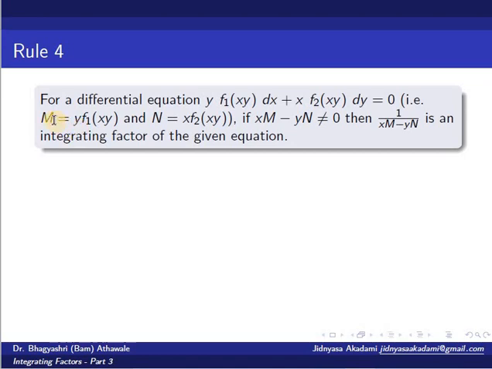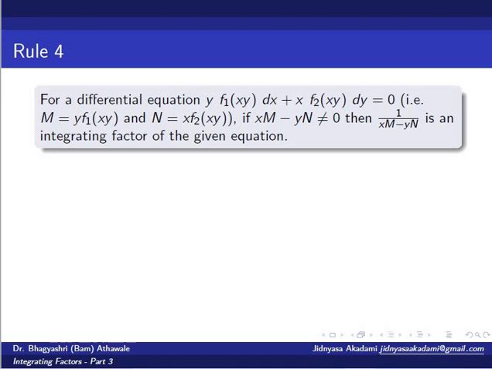Therefore, in m, the algebraic terms should be x raised to h, y raised to h plus 1 always, and then y into sine of xy, y into e raised to xy, etc. Similarly, in n, the algebraic terms should be x raised to h plus 1 into y raised to h, and terms like x into cos of xy, x into ln of xy, like that. So, if such things are there in m and n, our differential equation is of this form, and if xm minus yn is not equal to 0, this is an integrating factor.